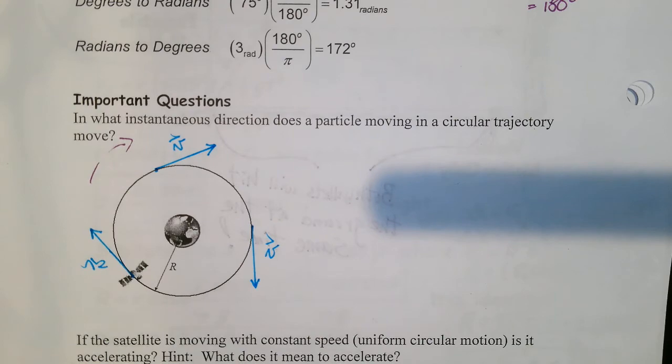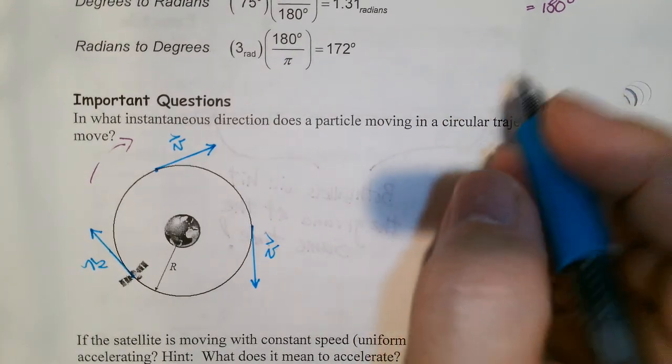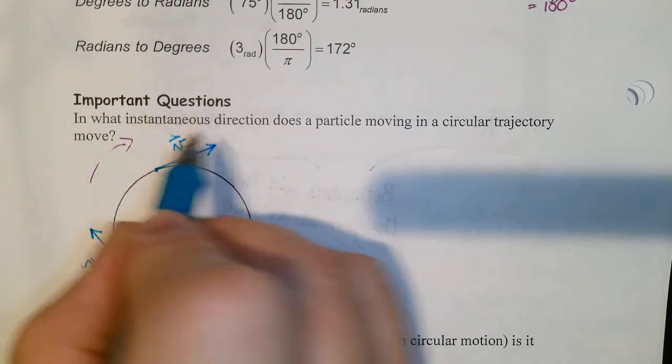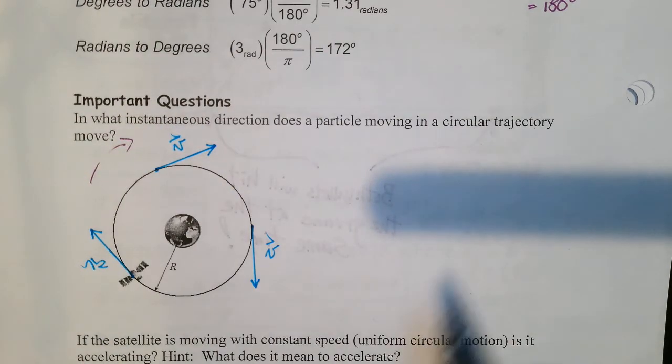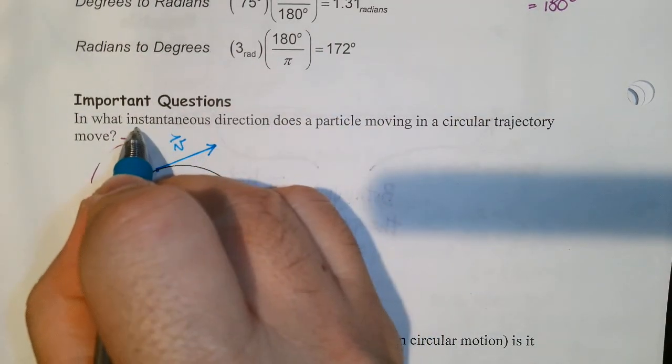So for the instantaneous direction, you have to really take a look at the velocity vector.